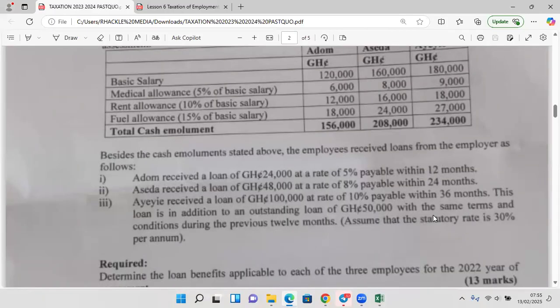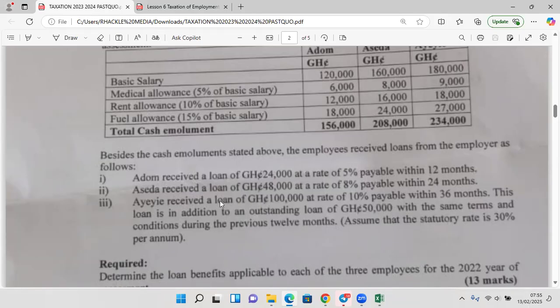Remember that IAE will be liable to tax on the loan benefit because his loan repayment exceeds 12 months. Also, the aggregate of the current loan, which is the 100,000, plus a similar loan outstanding during the previous 12 months, is 150,000. When you add this and this, you get 150,000 with the same terms.